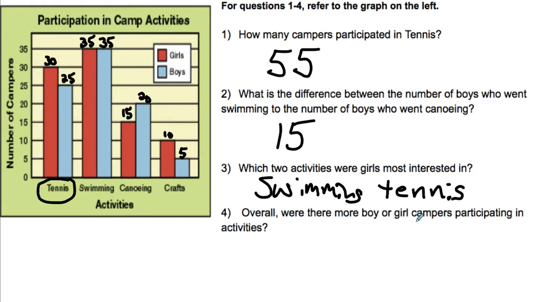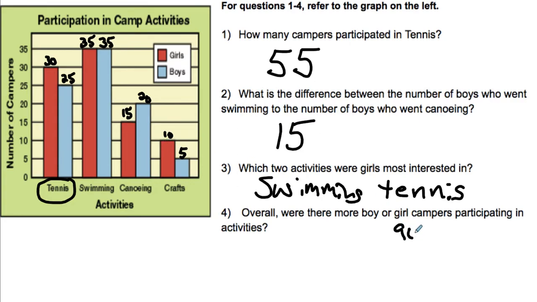And overall, were there more boy or girl campers participating in activities? All right, well, there's more girls here. Here they're the same. Here there's more boys. Here there's more girls. So to really be careful, to know for sure, I should add all these up, right? So girls, 30, 35, that's 65, plus 15 is 80, plus 10 is 90.